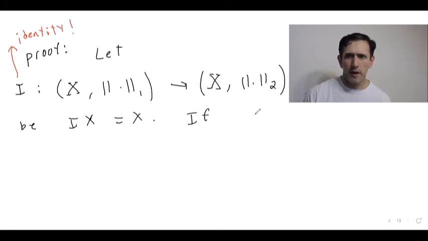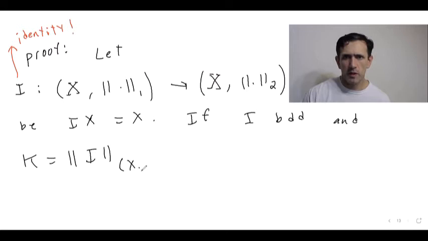So let's say I is bounded. Let's say K is the norm of I, again, just from this Banach space to this Banach space.